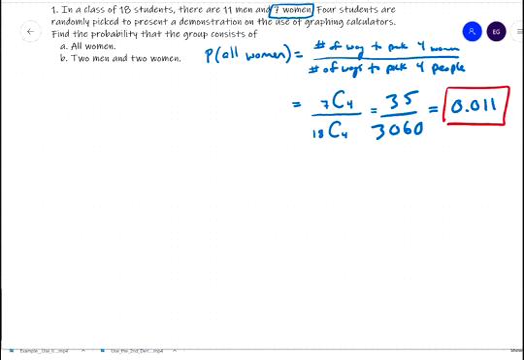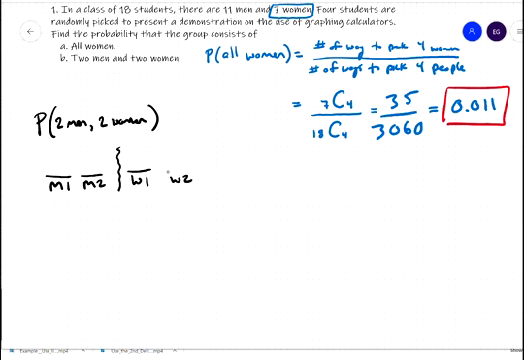Okay, and so for the probability of 2 men, 2 women, well, let's look at this as a 2-step process. So we have to pick man number 1 and man number 2, and then we have to pick woman number 1 and woman number 2. All right, so how many ways is this possible? Well, how many men are there? There's 11 men.